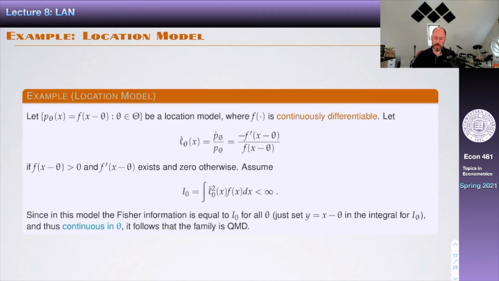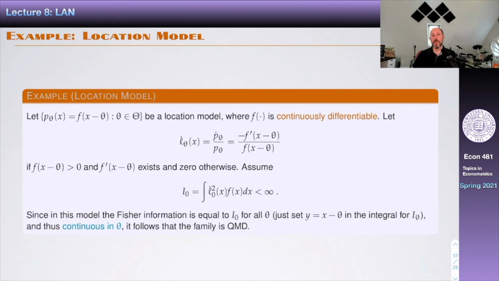And so, since in this model the Fisher information is equal to I theta for all theta because it's a location model, okay, and so it is continuous in theta, it follows that the family is differentiable in quadratic mean by the previous lemma, because we have continuity of this as a function of theta. This is finite and well defined, and then we have the density that is continuously differentiable.